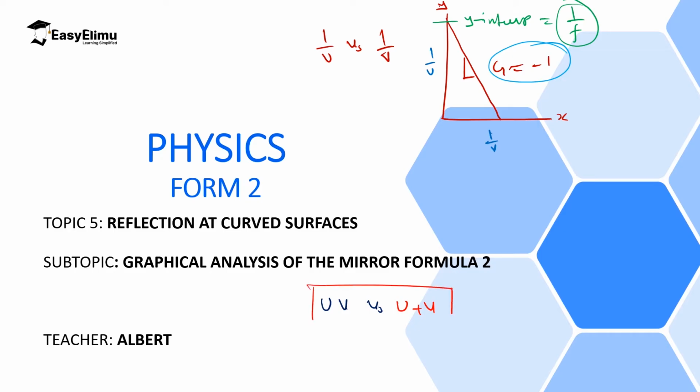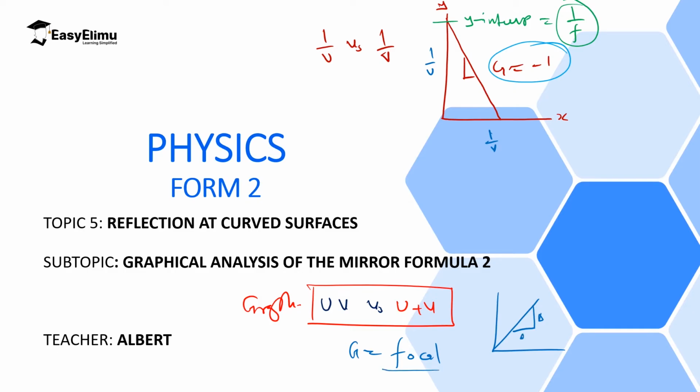What we are going to realize in this graph, which we are going to draw, is that the gradient of this graph is going to give us the focal length, since this graph will be a straight line graph from the origin, where the gradient is going to represent the focal length of the mirror that we are using.